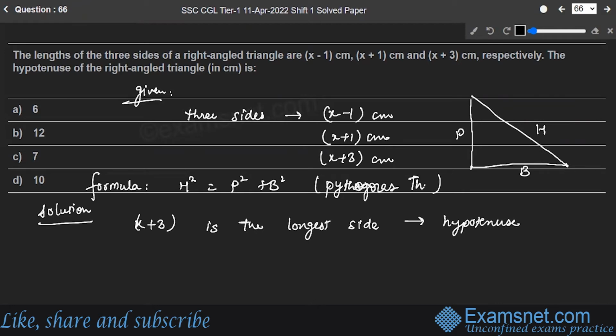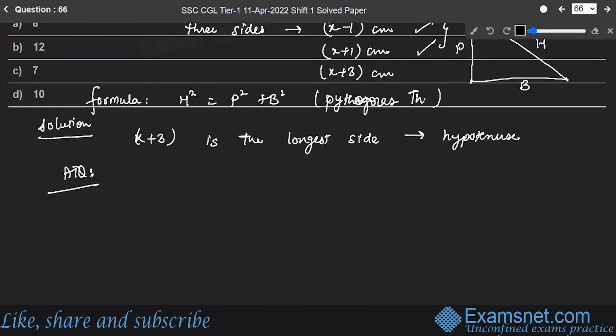right? Hence, these are the two remaining sides. So one of these two sides will be the perpendicular and one will be the base. So now, according to the question, according to Pythagoras theorem, we have (x minus 1) square plus (x plus 1) square is equal to (x plus 3) square.